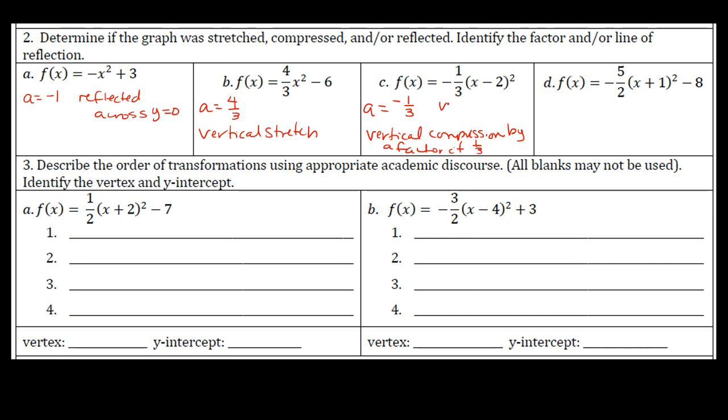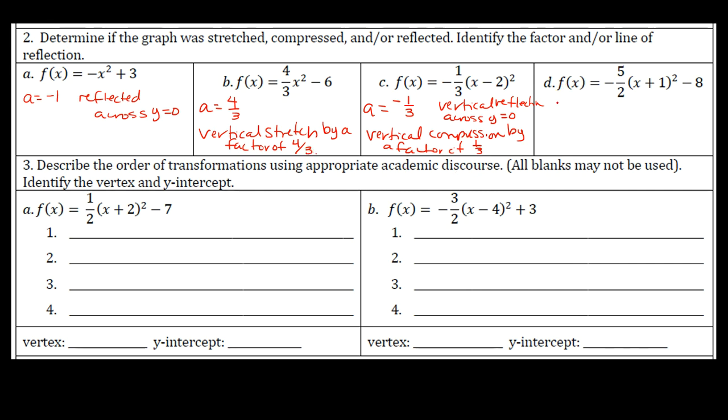So then there was a vertical reflection across y equals 0. I'm going to back up here and make this more complete. So this is a vertical stretch by a factor of 4/3.